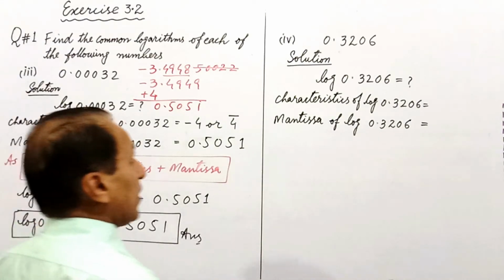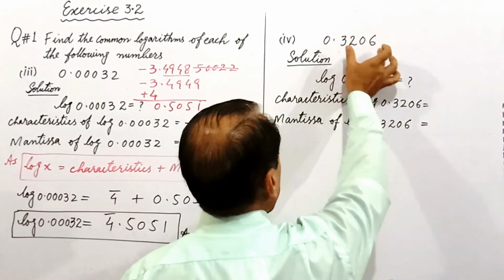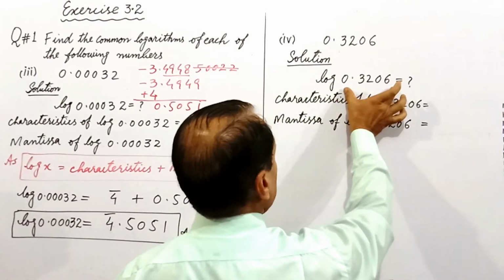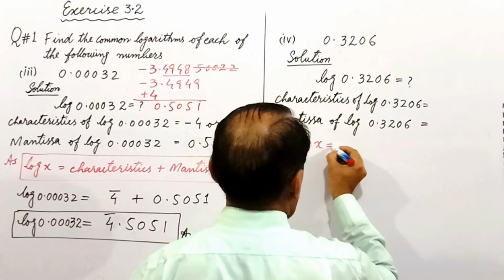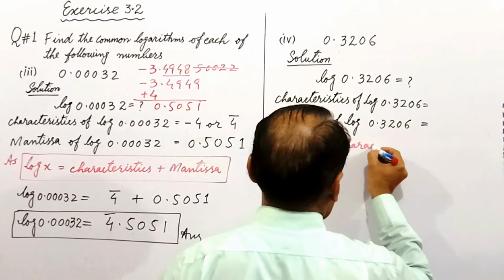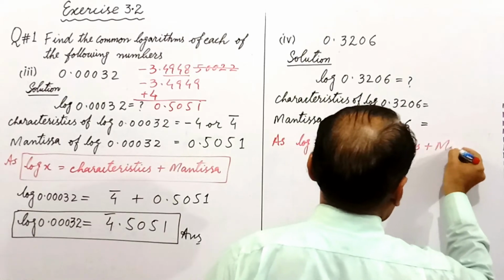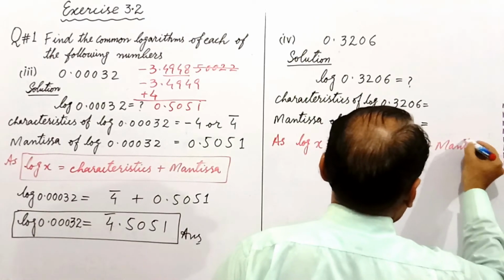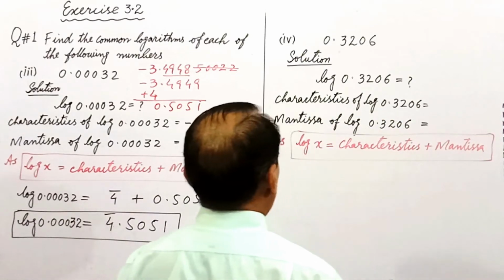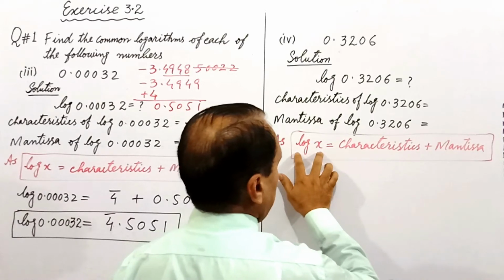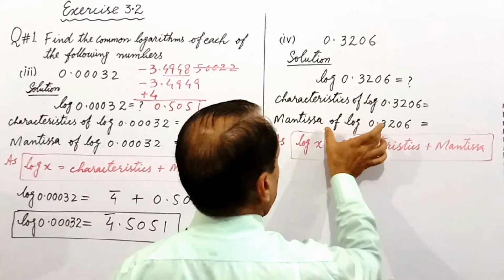Now we move to part 4. It is similar to part 3, in which we are given the number 0.3206 and are required to find log 0.3206. As we know, the logarithm of any number is equal to the sum of the characteristic and the mantissa, so we have to find both.